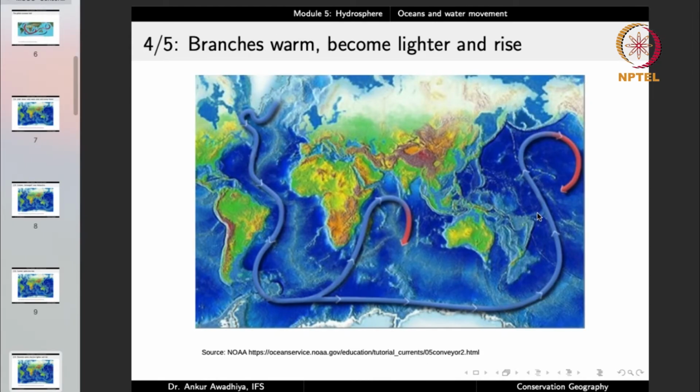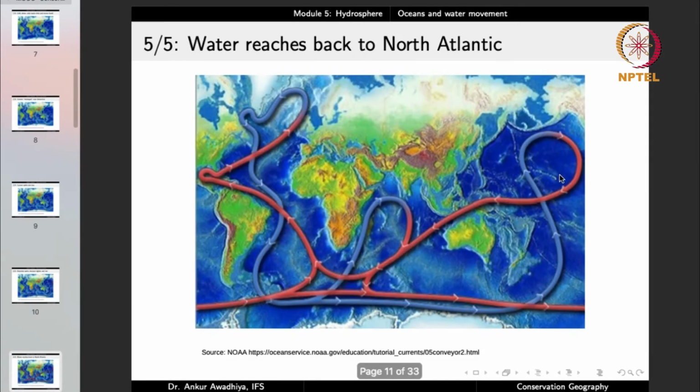These branches then warm up. Once they warm, they become lighter and they rise. So here we observe that this current is now rising and has become a warm current. Similarly here, this current has risen and is now a warm current. Now we are talking about the surface movement of water.